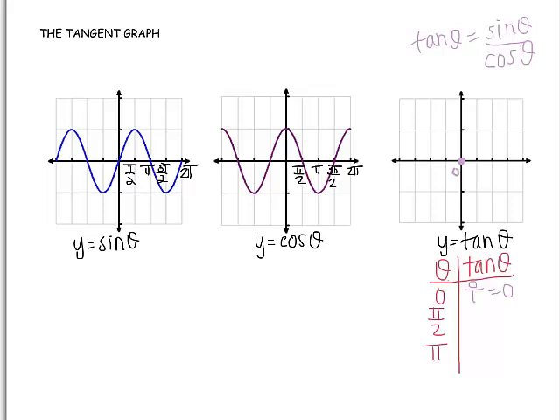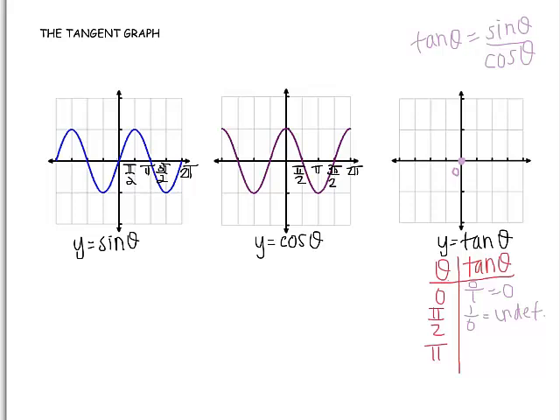Okay, what about the tangent of pi over 2? Well, the sine of pi over 2 is 1, and the cosine of pi over 2 is 0. So tangent is going to be 1 over 0. Now, you know that you're never allowed to divide by 0, so we're going to call that undefined.